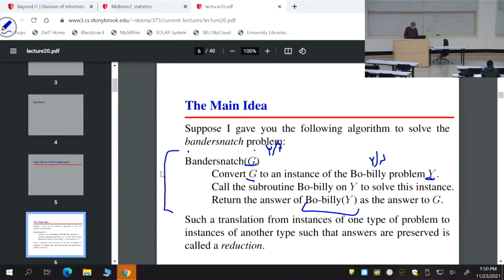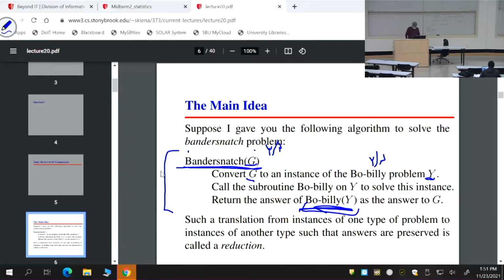And when Bobilli of Y is false, Bandersnatch of G is false. If the answer to Bobilli of Y is the same as the answer to Bandersnatch of G, then we can report Bobilli of Y as the answer to Bandersnatch of G, and we've got a correct algorithm. Okay?